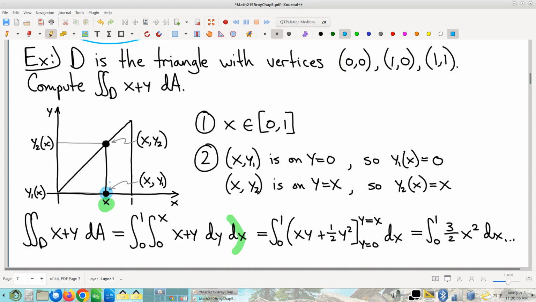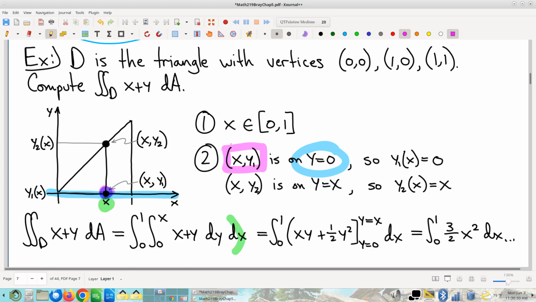You imagine y sort of going like that. That point is on that curve, which has this equation. Actually, let me use a better color choice here. That point is on that curve with that equation.